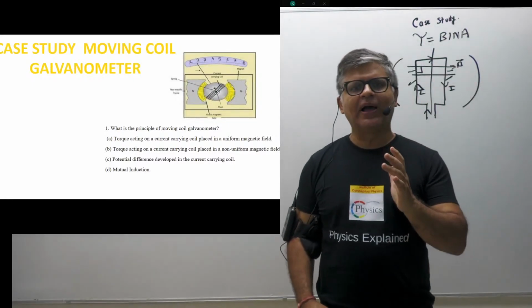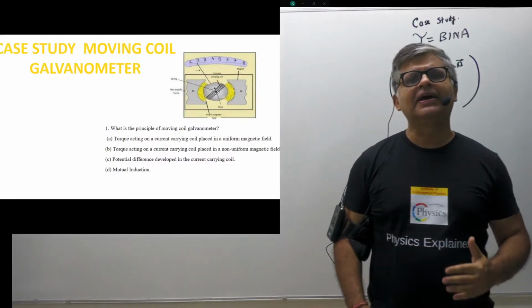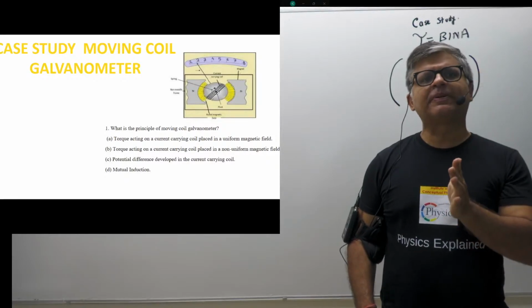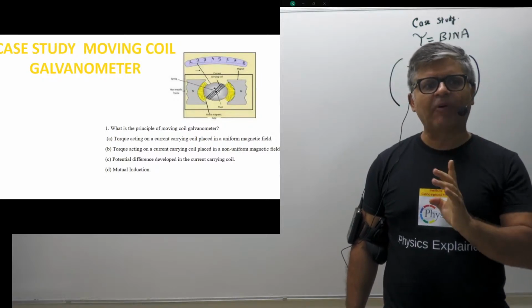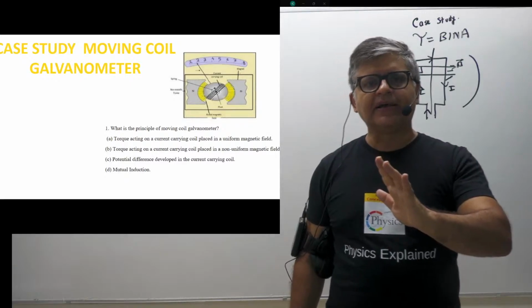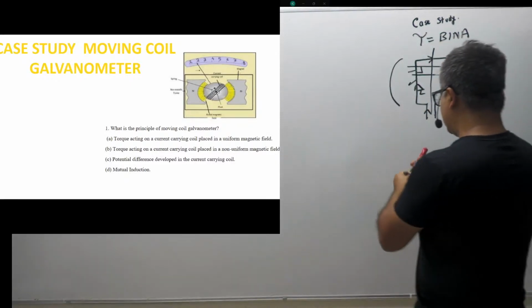The current carrying coil never sees a different magnetic field because the alignment of the coil remains always perpendicular to the magnetic field, right? That is why the word radial is very important to understand. So non-uniform magnetic field is wrong, right? If the magnetic field would have been because of the straight conductors, right?